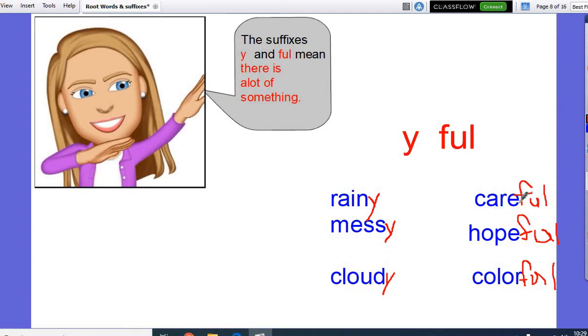You have to have a lot of care if you're being careful. You care about something a lot. Or hopeful, you're full of hope, or there's a lot of hope. And then colorful, there'd be a lot of color. So that's what Y and FUL mean when you add them to words. It means that there's a lot of whatever you're going to do.